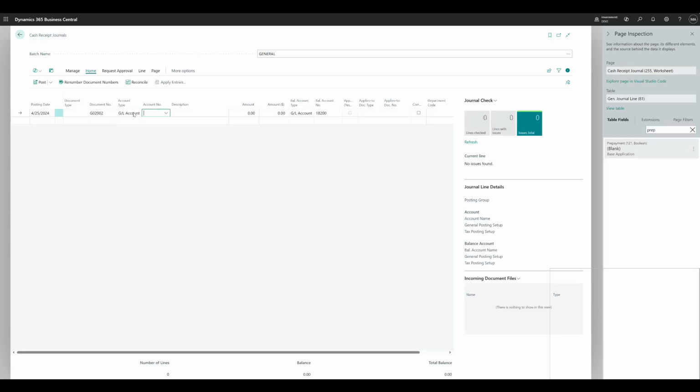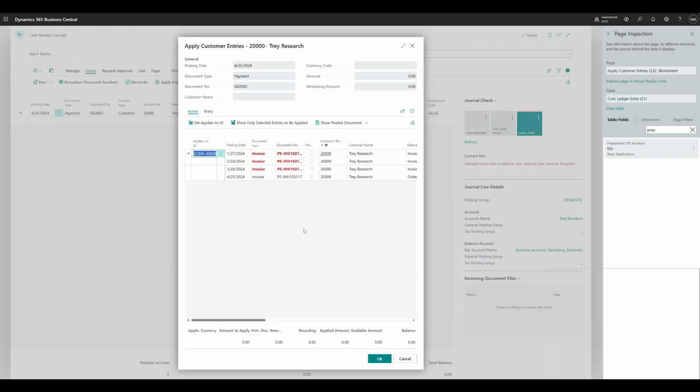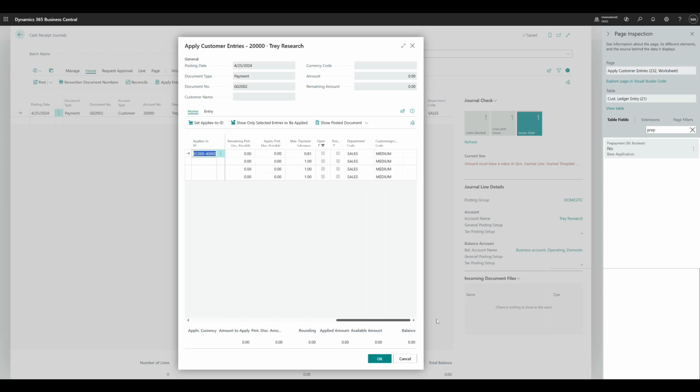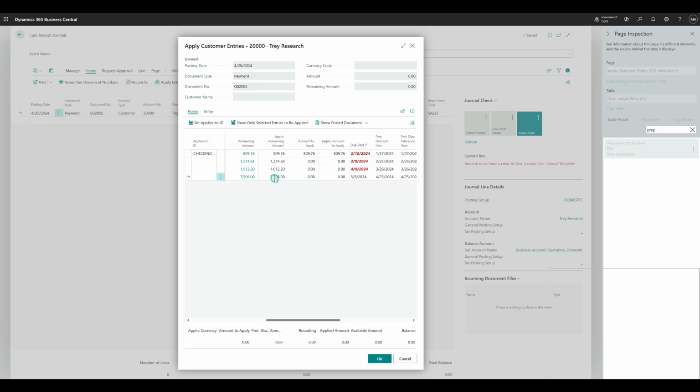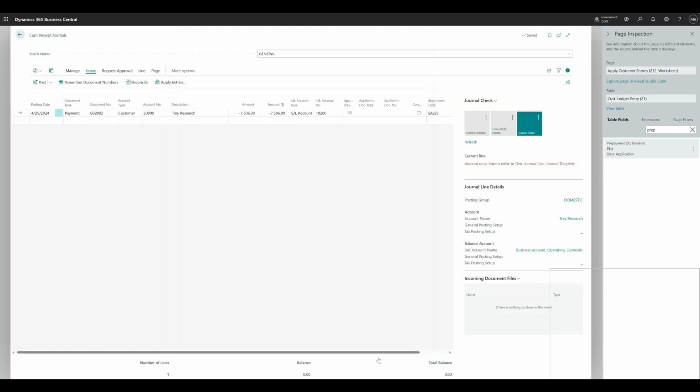We are receiving cash, document type is payment, from customer 20,000. For what? We are receiving a payment for those 7,500, which are, let's see where they are. They are here. Let's apply the payment towards that. And this is ready to go now.